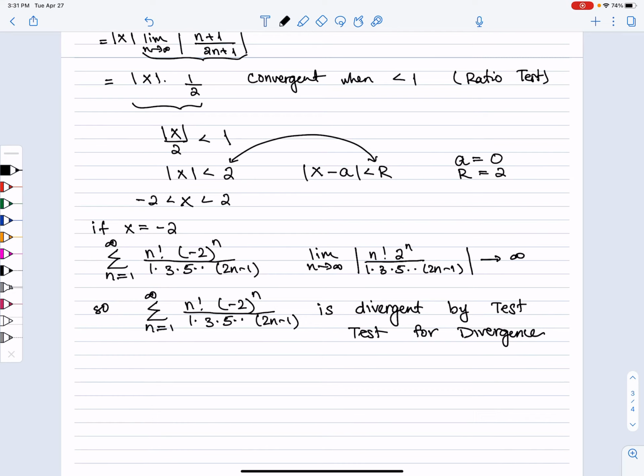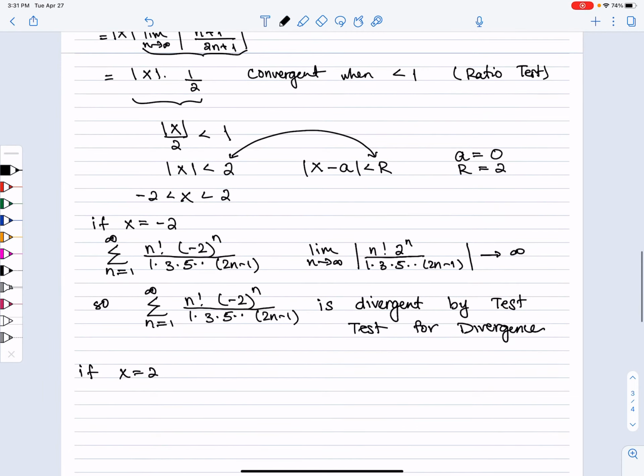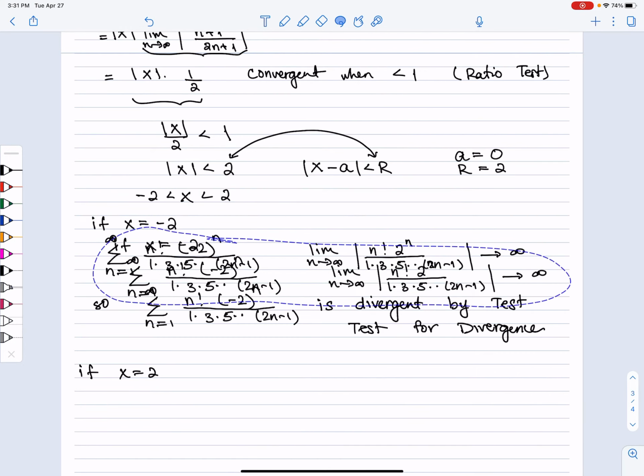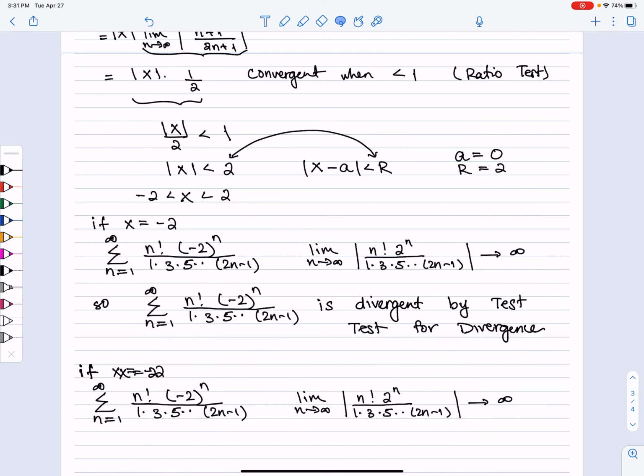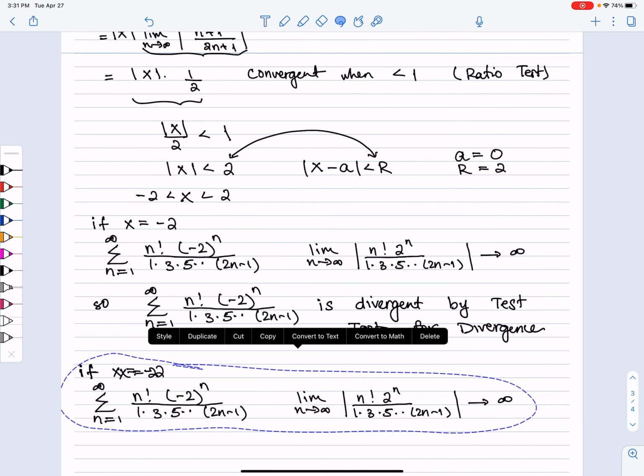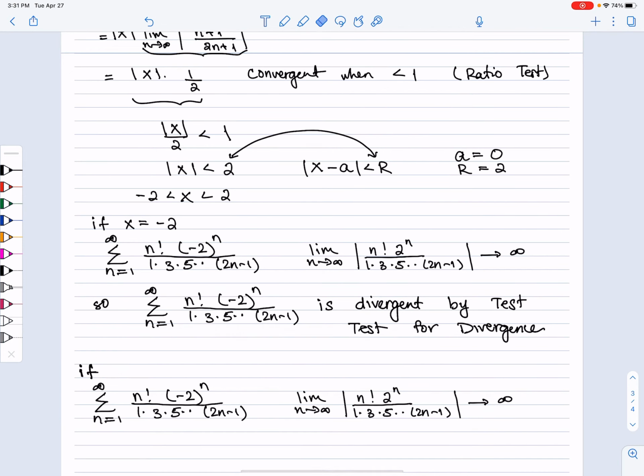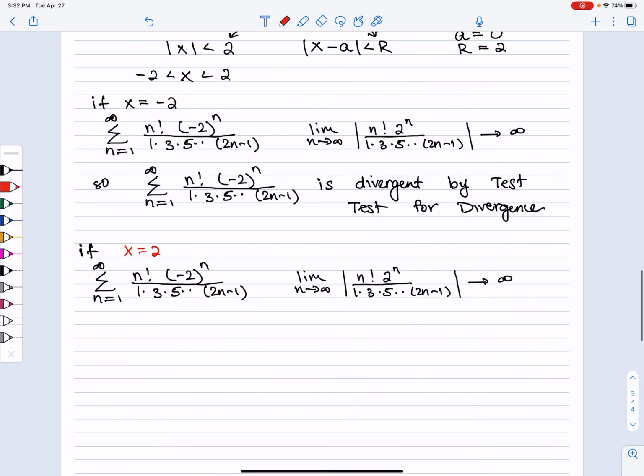And then if you let x be equal to 2, then now we have the exact same thing. So if x is equal to 2, then this is a positive 2 to the nth power.